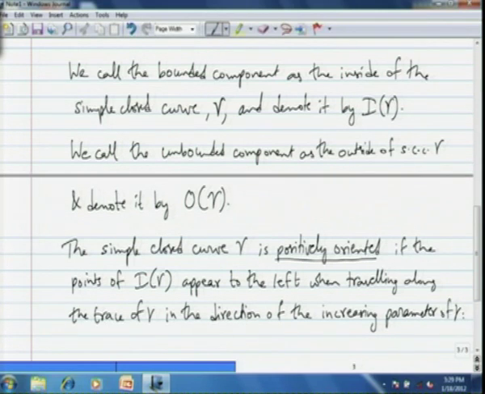Recall that we gave a direction to gamma based on the increasing parameter value. So, if the direction of gamma is such that when one travels in the direction of gamma, the points on the inside fall on its left, then we say that the simple closed curve gamma is positively oriented.